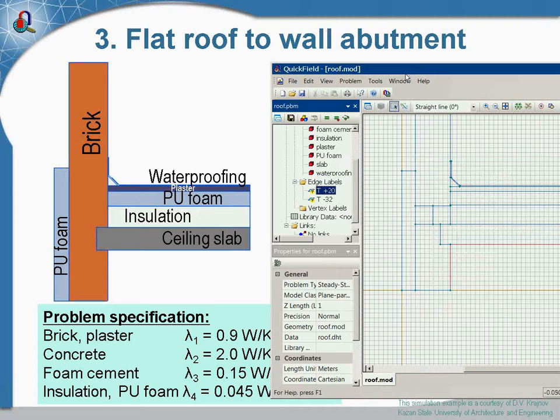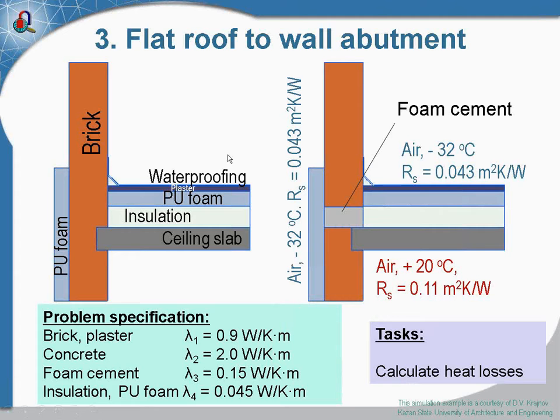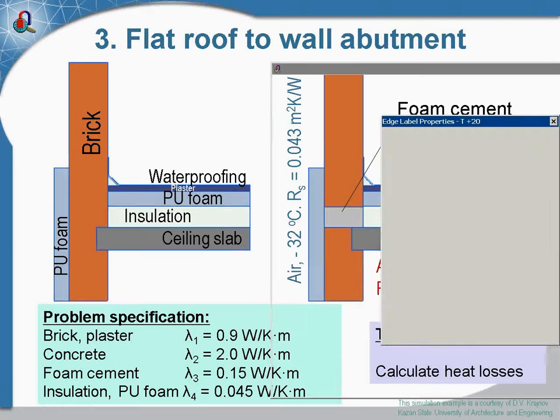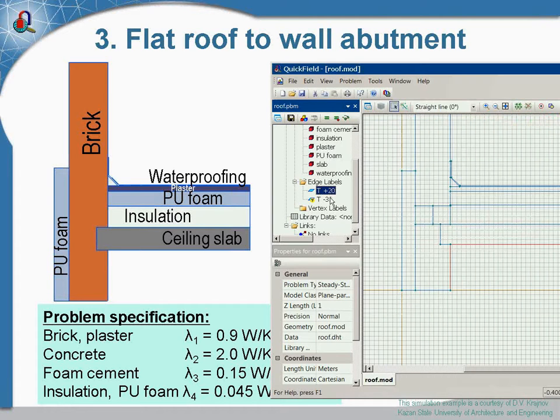Now for the warm side, and this is essentially the convection boundary condition, so I should specify the air temperature and the convection coefficient. The convection coefficient is reciprocal to the thermal resistance, so I simply type here 1 divided by 0.11.